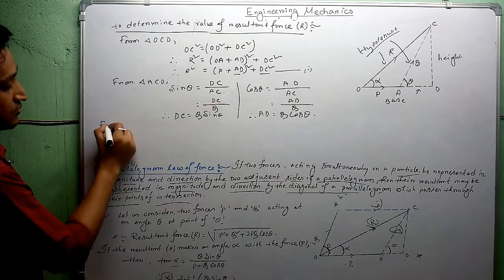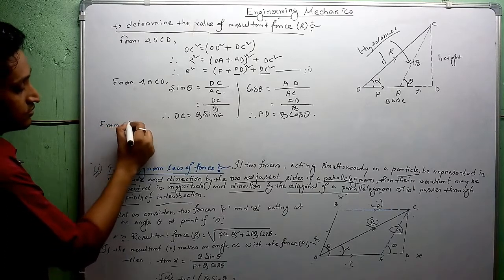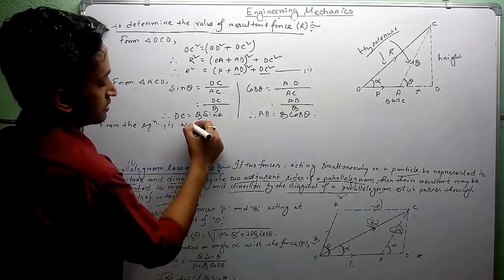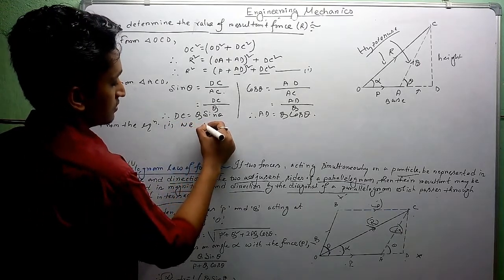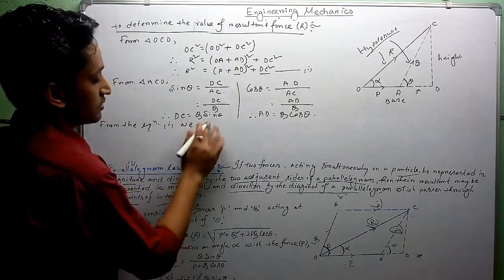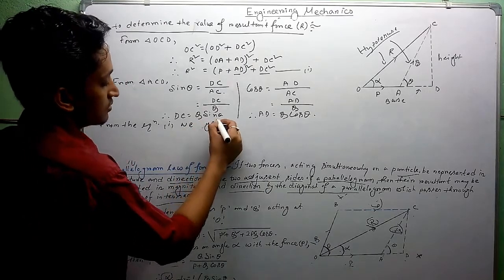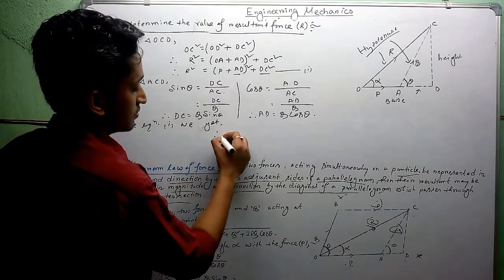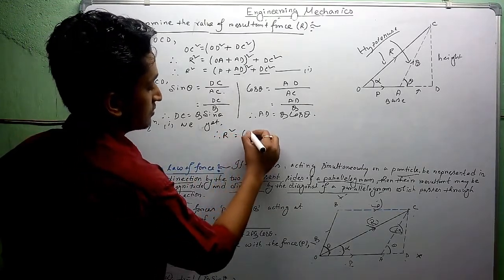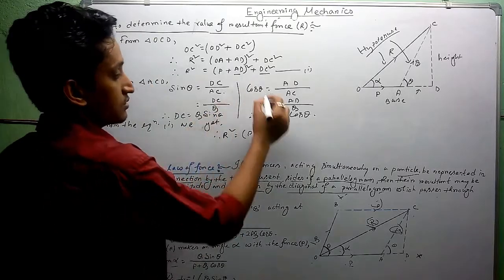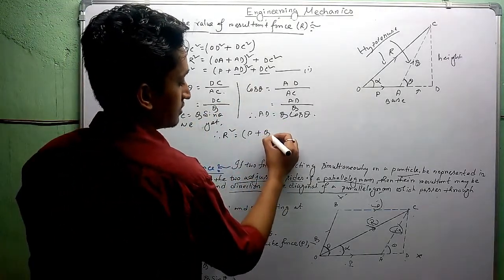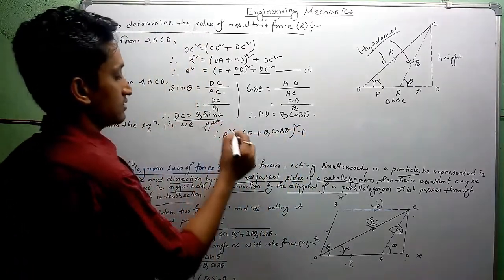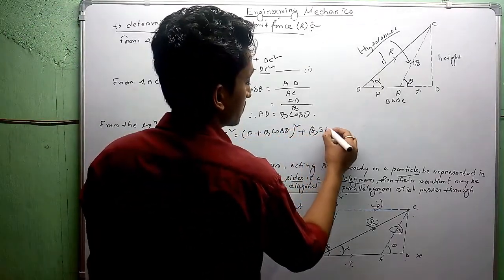From equation 1 we get R square is equal to P plus AD, that means Q cos theta, whole square, plus DC, that is Q sine theta, square.